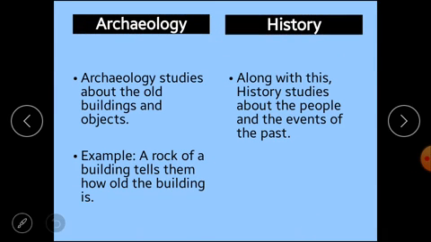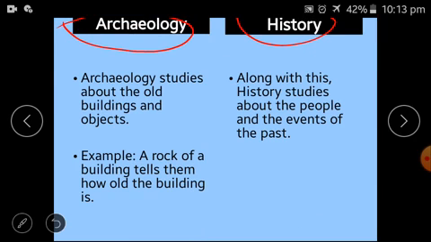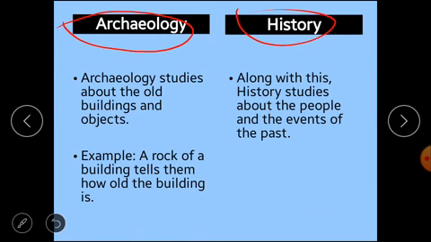Now, the study of the past may be divided into 2 branches. One is archaeology and another one is history. Archaeologists study the old buildings, objects, and anything that has been made in the past. For example, if they want to study a building, they take a rock out of it and it tells them how old the building is.